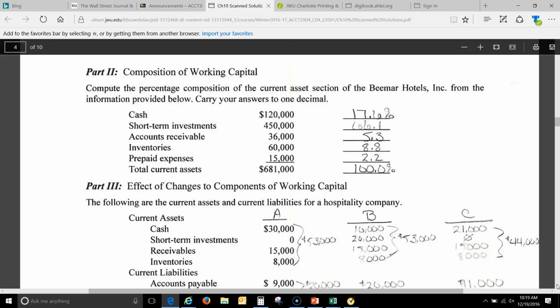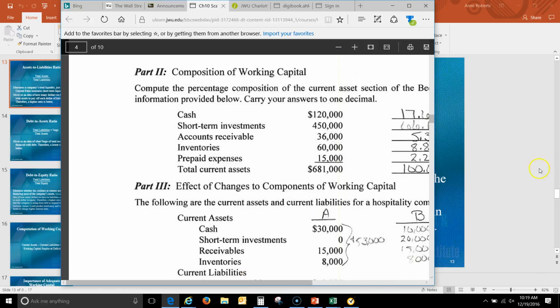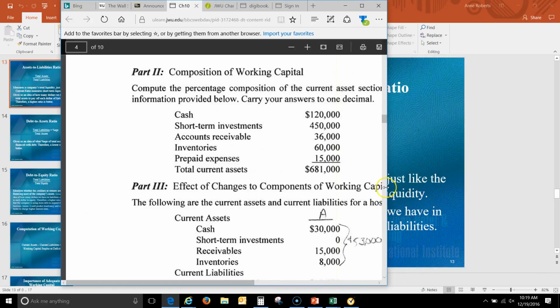So what percentage do we get of cash? How do we calculate the percentage of cash?